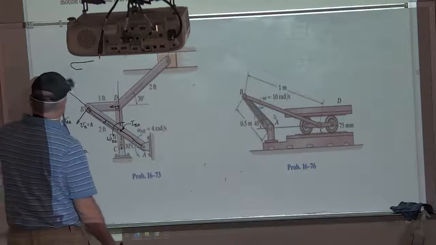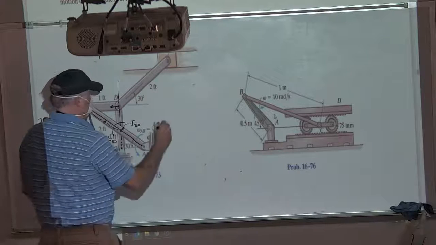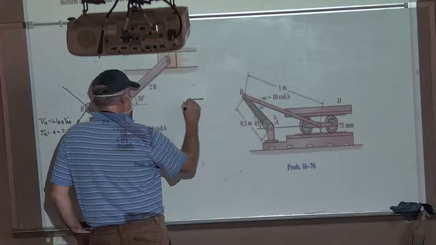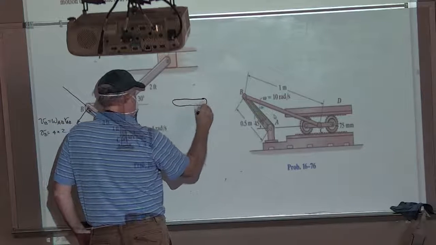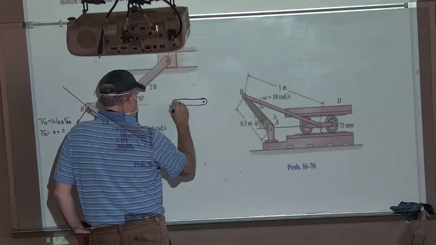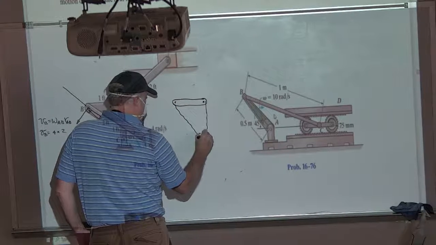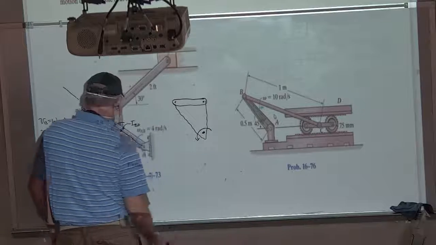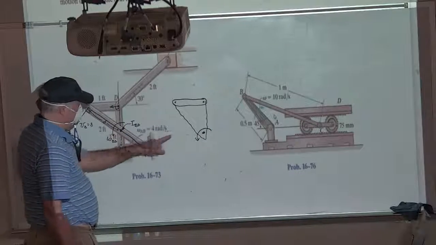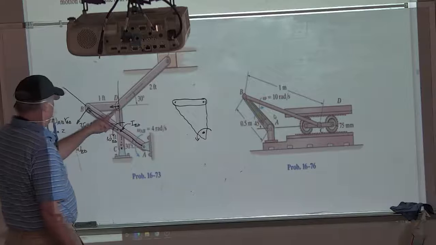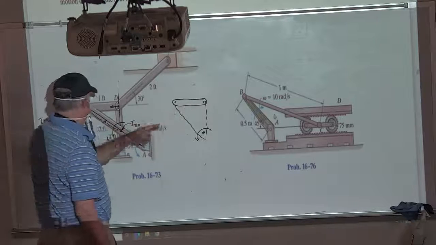Okay, here. I'm going to draw it and then erase it. I'll draw it right here. Here's the link. Somebody welded a part onto it. They pinned it right here. That point and that point are the same. This point and that point are the same.